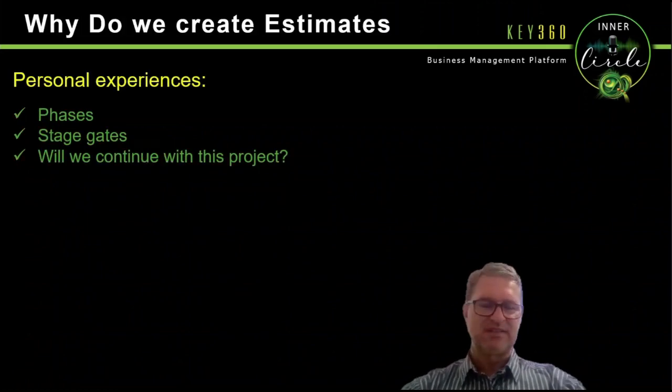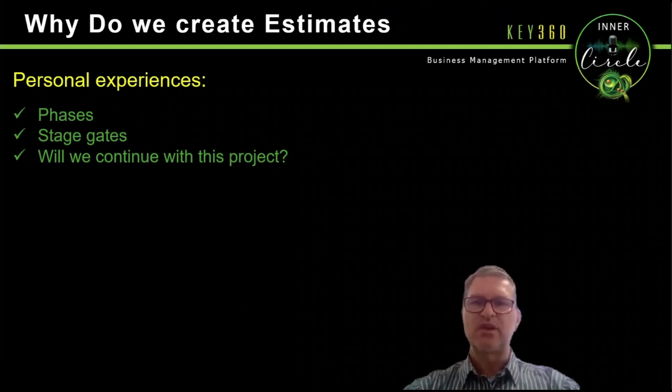Why do we create estimates? Very interesting. As I said before, projects go through phases. We talked about the startup phase, the pre-feasibility, feasibility. Now, as most of you might know, at the end of each of these stages, we have stage gates, where we talk and look at some risks, and we look at the costs, and we look at the timelines.